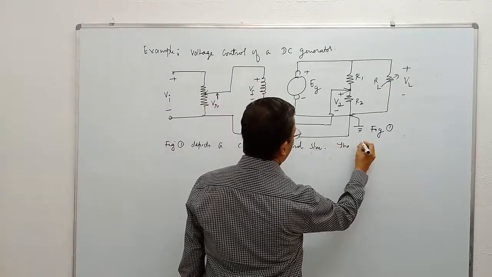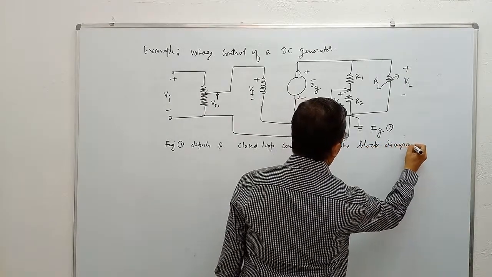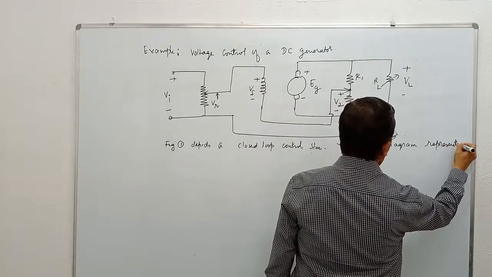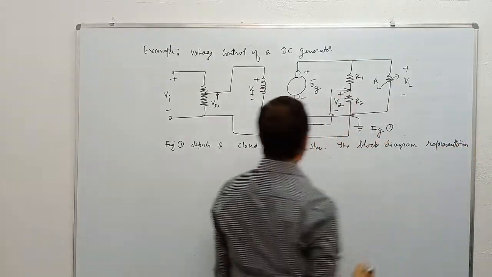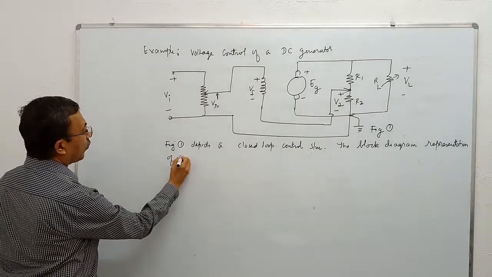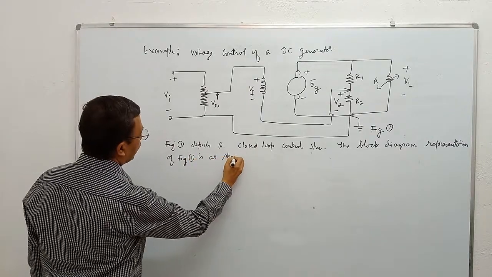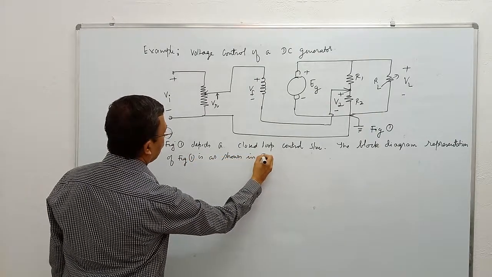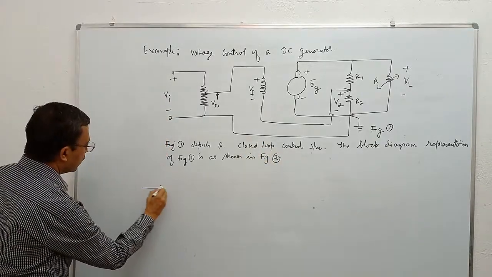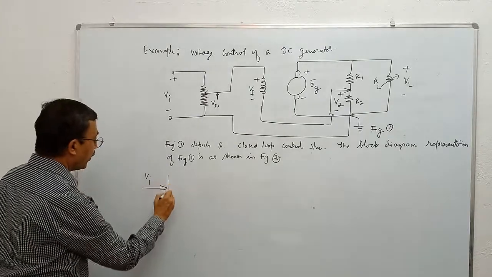The block diagram representation of figure 1 is as shown in figure 2. VI is the input voltage to a potential divider.